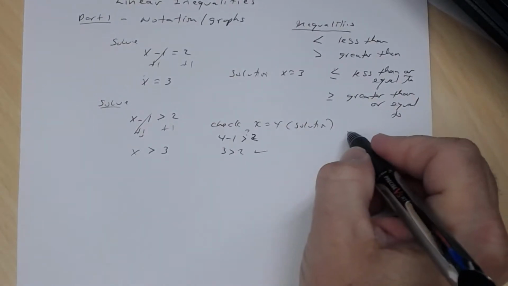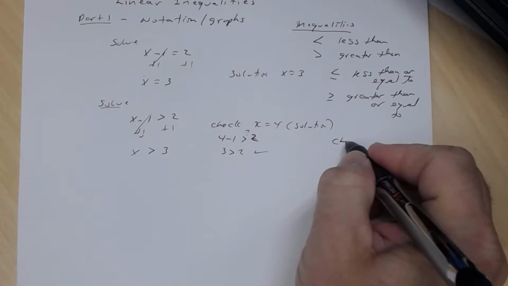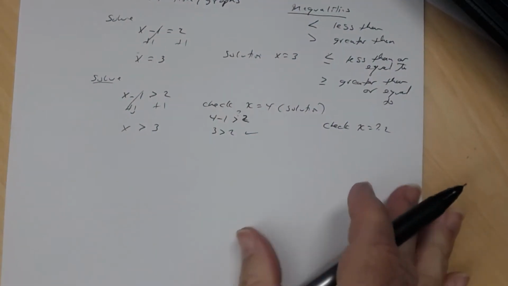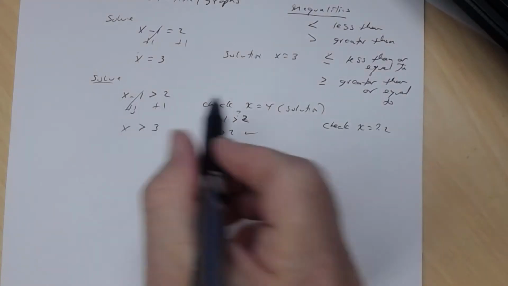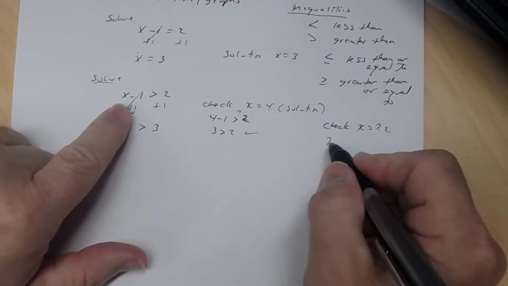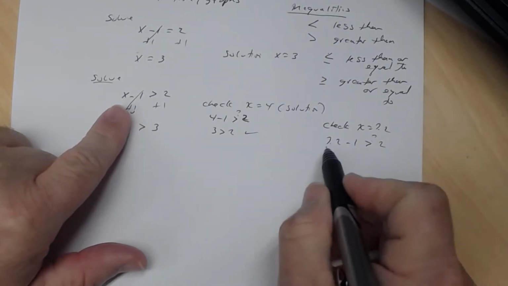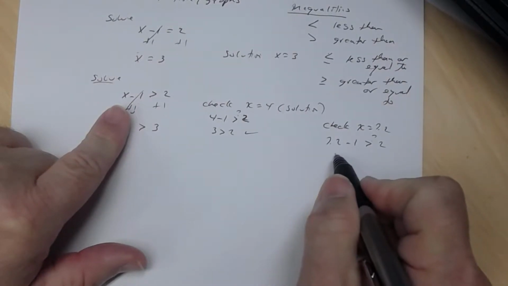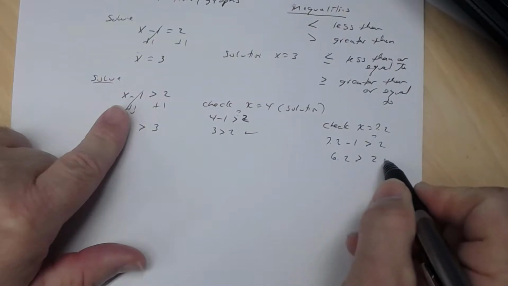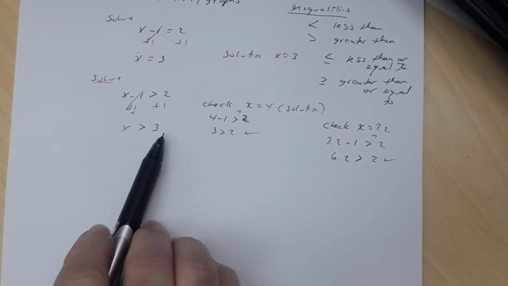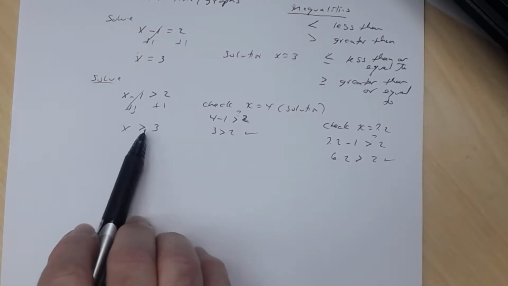If you try, let's say, 7.2, same thing. You go back to the original. 7.2 minus 1, and the question is, is that bigger than 2? Well, 7.2 minus 1 is 6.2, and 6.2 is bigger than 2. So in fact, any real number bigger than 3 is a solution.